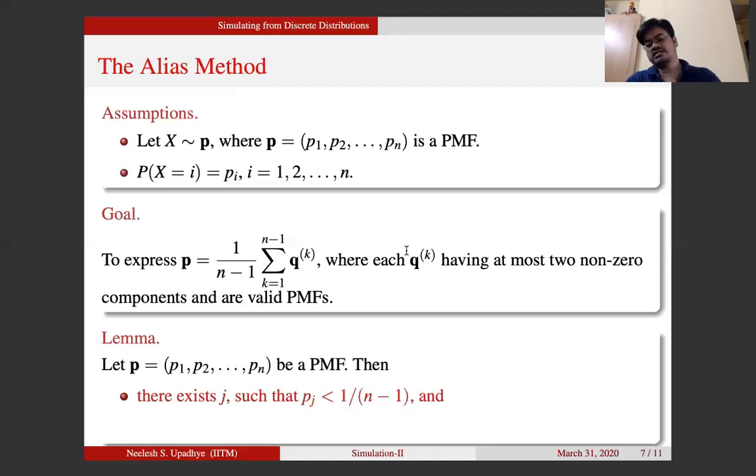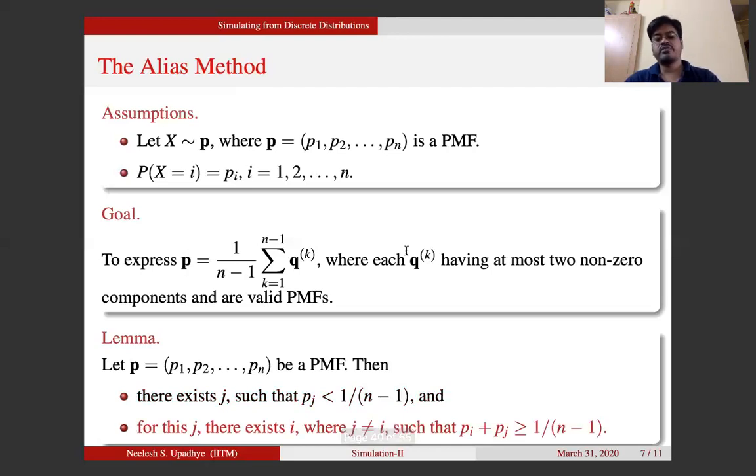Now, if pj is less than 1 upon n minus 1, and all the probabilities should sum up to 1, there should be somebody to compensate for that. So for this j, there should be a buddy, let us say i, not equal to j, such that pi plus pj is greater than or equal to 1 upon n minus 1. Otherwise, the sum cannot be 1. Therefore, this lemma is proved.